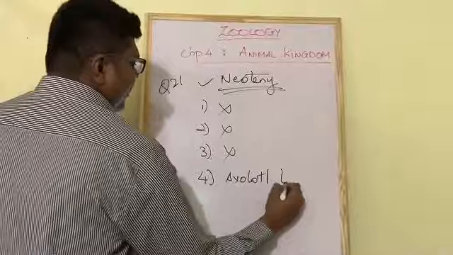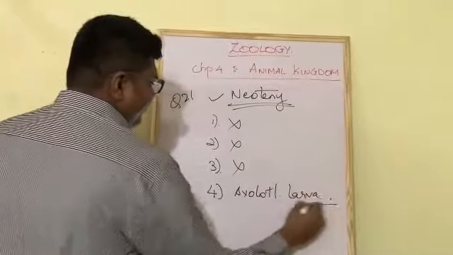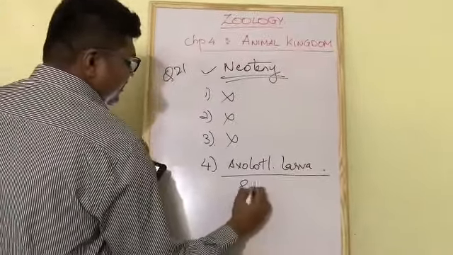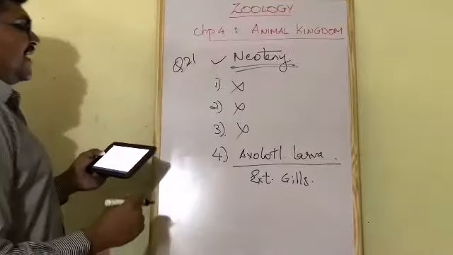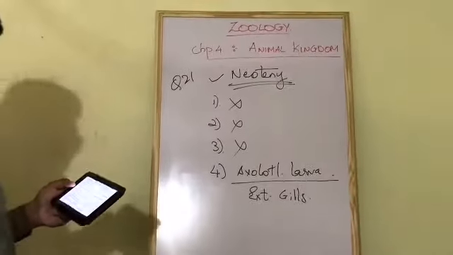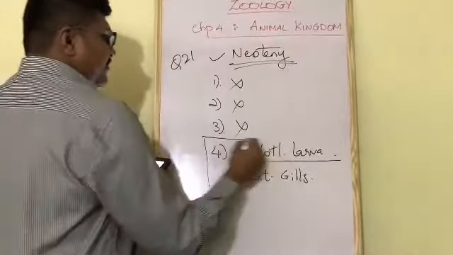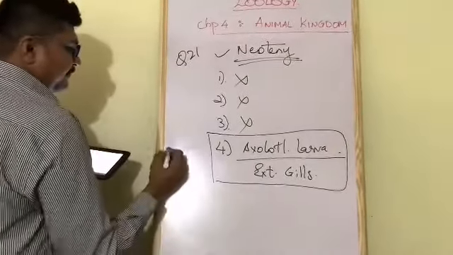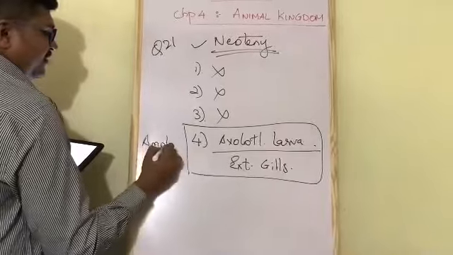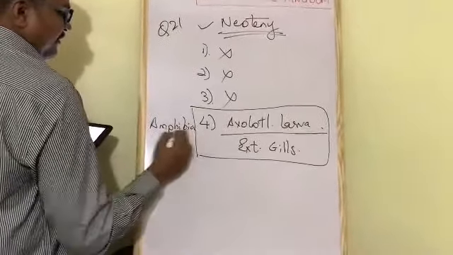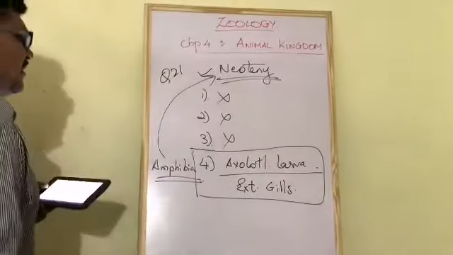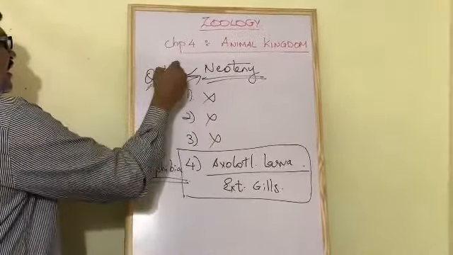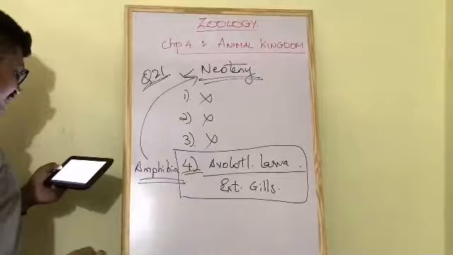Axolotl larva has external gills, which is supposed to be an ancestral character for the amphibians. Axolotl larva comes under amphibia, and the presence of external gills in amphibia is an ancestral character which represents neoteny. So question number 21, the answer is option number 4.